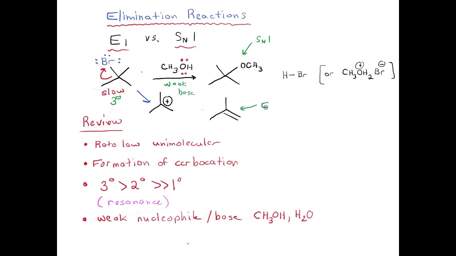We're forming carbon oxygens, and the other product present is the E1 product. So what can we tell about this experimentally? The substitution product is always going to be, under most conditions, a major product, and elimination is going to be minor.